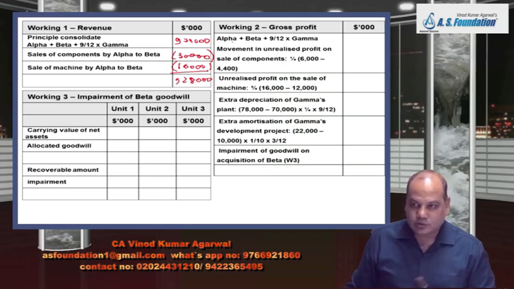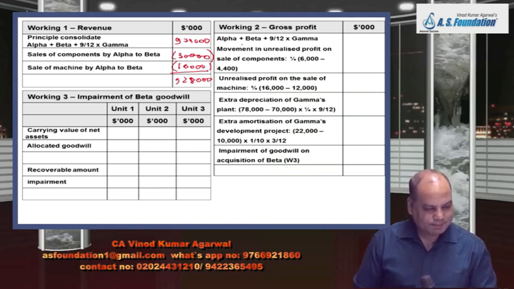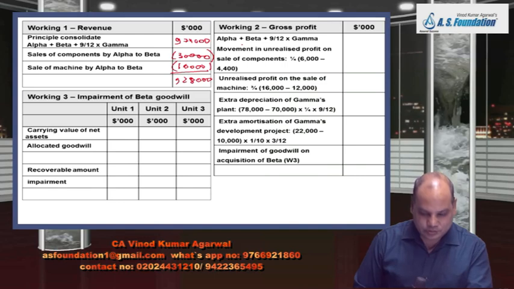Alpha is 1,80,000. One lakh 80,000 full.